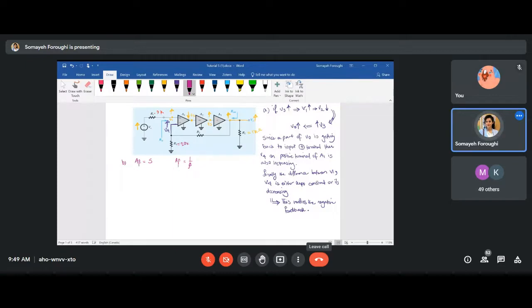Now let's look at this given configuration. 1/beta should be 5, then out of here, beta is assumed to be 0.2. So beta on your feedback is assumed to be 0.2. Now, how can I design R2 such that the beta will remain 0.2?